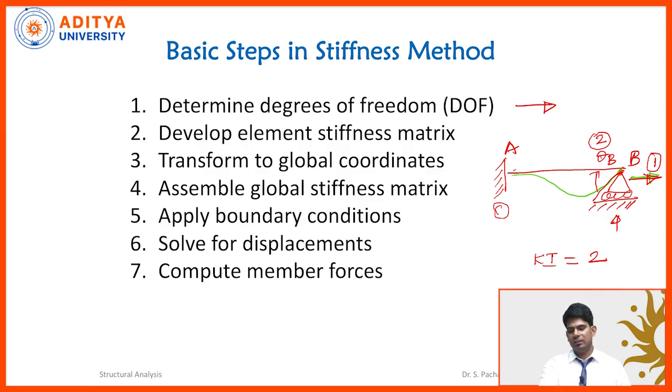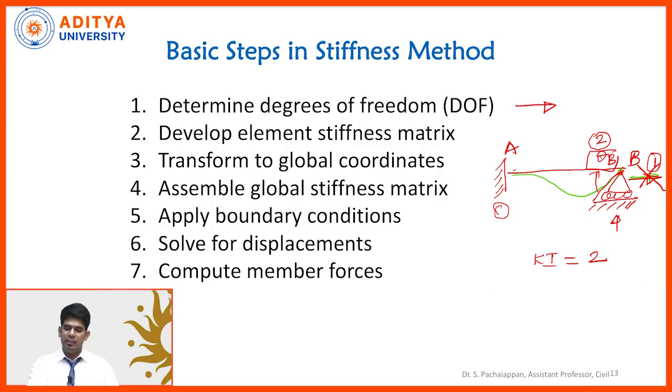A very small displacement will be there, it's negligible. So I'm not interested in calculating the horizontal displacement. I'm interested in calculating only theta B. So I can say the degree of kinematic indeterminacy of the propped cantilever is 1 instead of 2. So only one unknown, that is theta B.